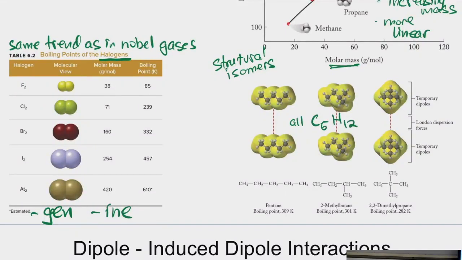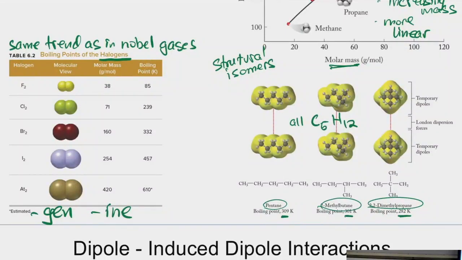These names you'll learn about how they are named when you take organic chemistry. So that's what's in store for you there. But take a look at the boiling point, and again, this is in Kelvin. We see 309 Kelvin for pentane, 301 Kelvin for 2-methylbutane, and 282 Kelvin for 2,2-dimethylpropane.